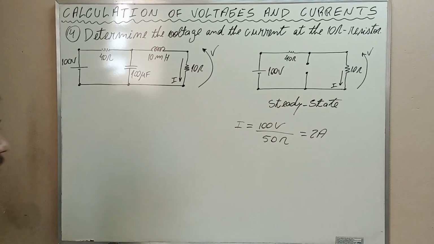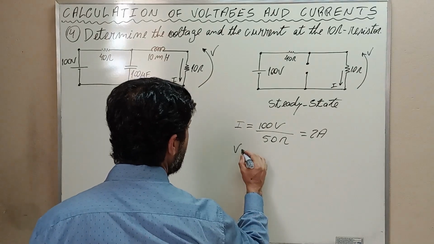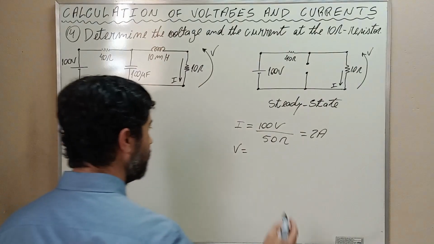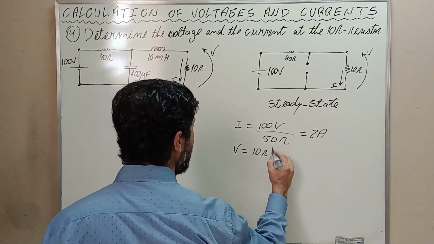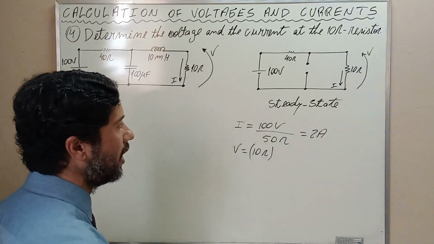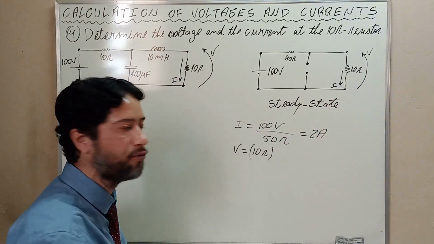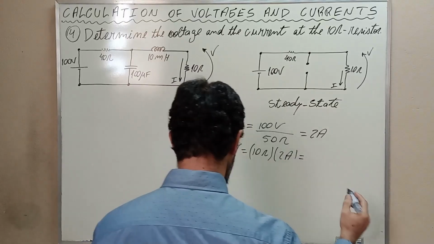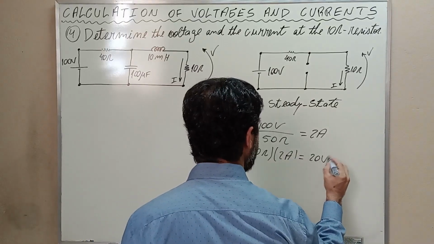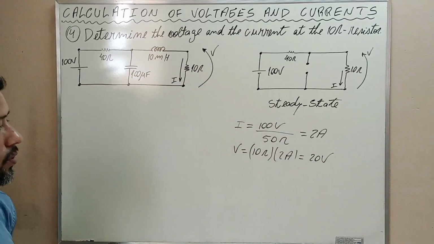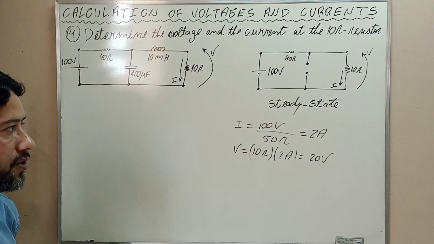Simply V, the voltage at the 10 ohms resistor, is simply the multiplication between the resistance of the resistor and the current passing through it, 2 amps. And this is equal to 20 volts. And this is all the exercise requested from us.